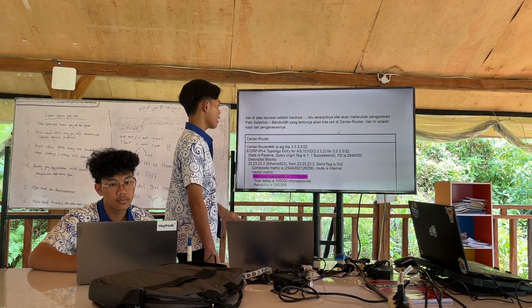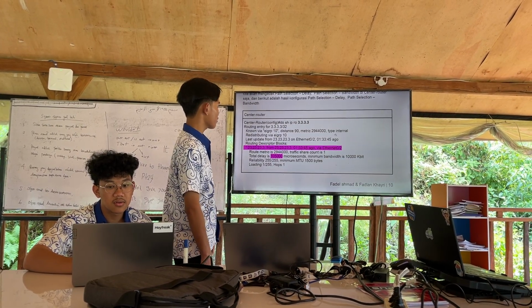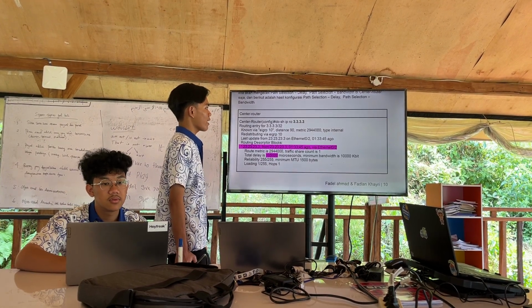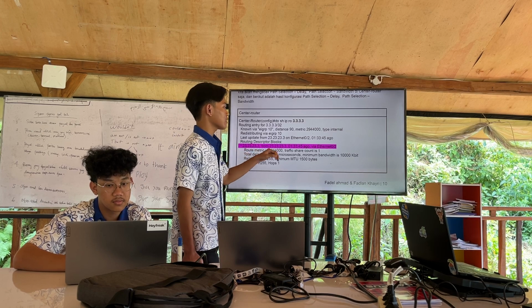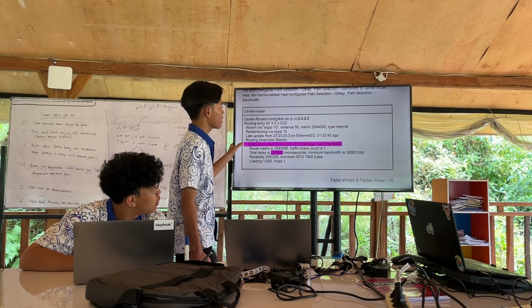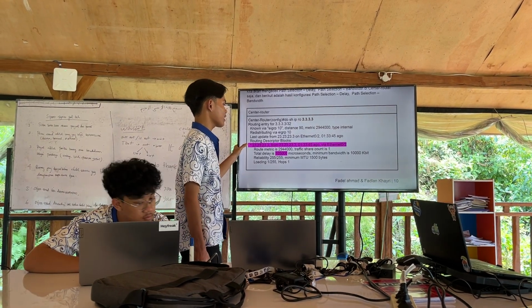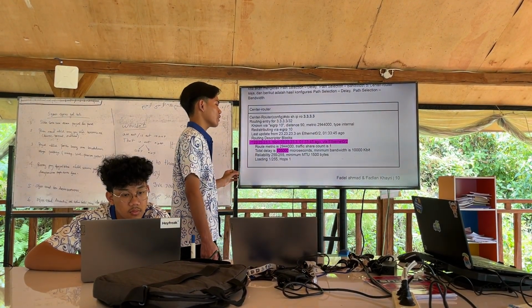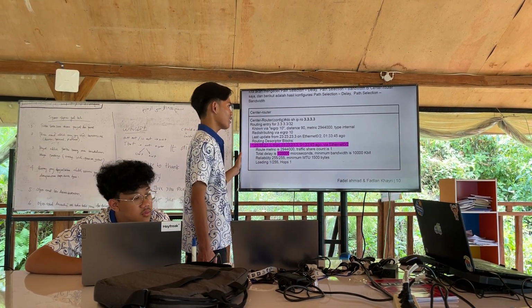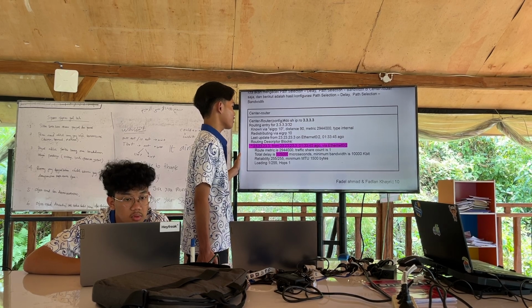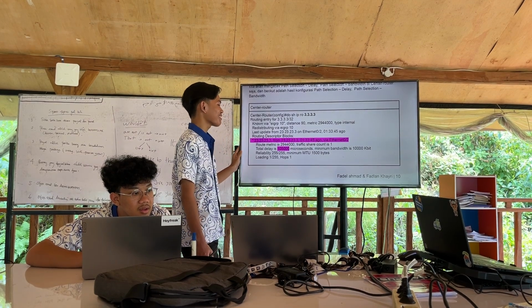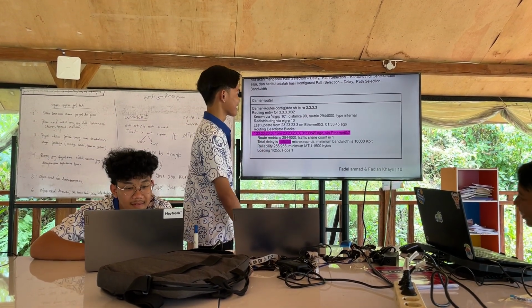This is show IP route with the IP loopback, and this was for delay. The delay was changed into 100,000 and 105,000.